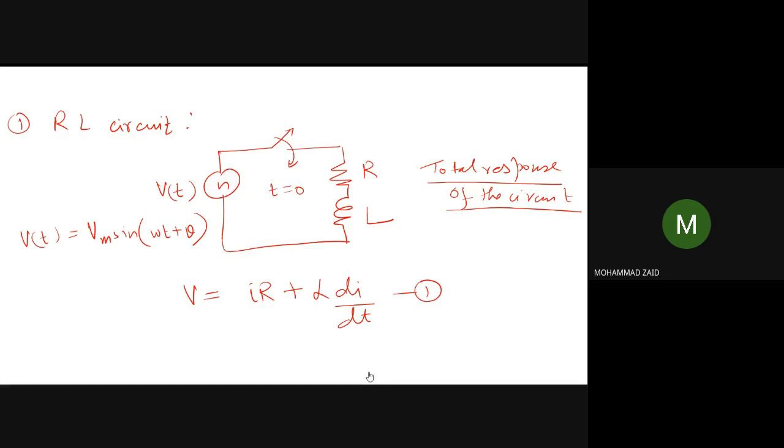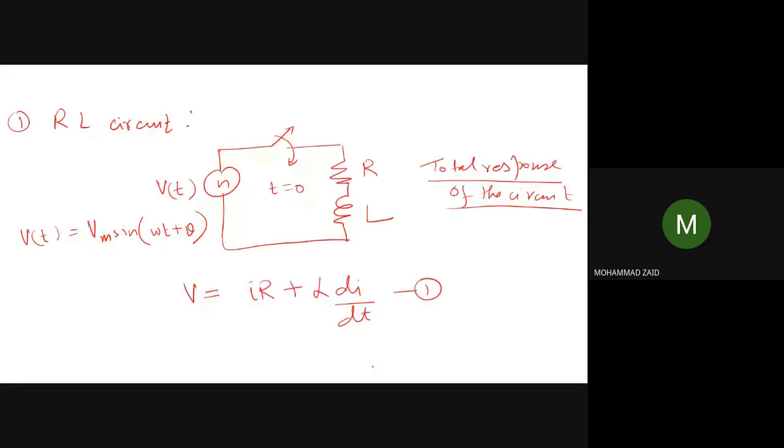Now the excitation of the circuit is not DC but AC. The voltage which we are now putting in the circuit is not DC but AC.